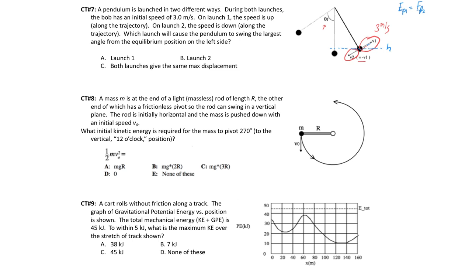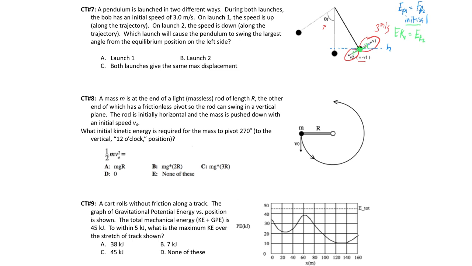Now, we continue to look at the kinetic energy. So the kinetic energy at the starting point, again, is the same, right? It has the same speed at the beginning, 3 meters a second. It doesn't matter if it's up or down. The kinetic energy is the same. So EK1 must equal EK2.